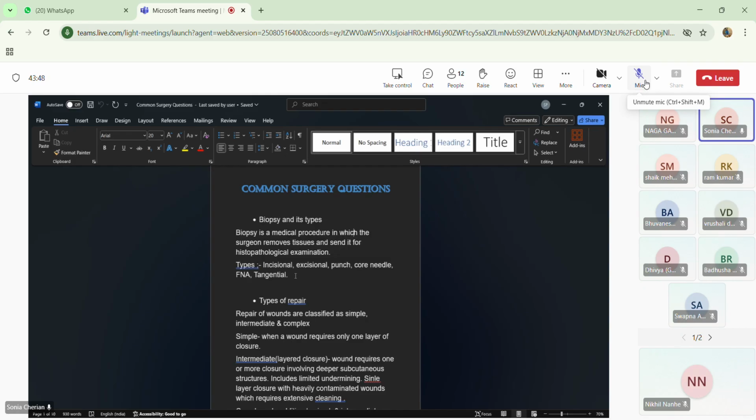I have typed what is biopsy, what are the types of biopsy, and then you need to explain how each biopsy is performed. For example, biopsy is a medical procedure in which the surgeon removes tissues and sends them for histopathological examination. The types of biopsies are incisional, excisional, punch, core needle, fine needle, and tangential.